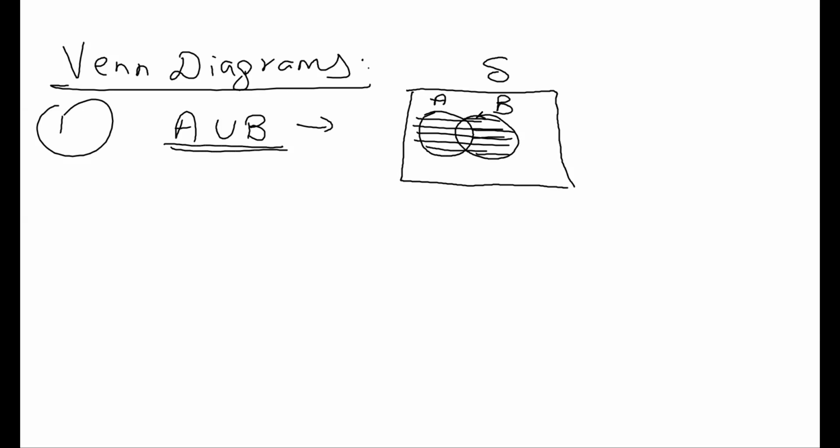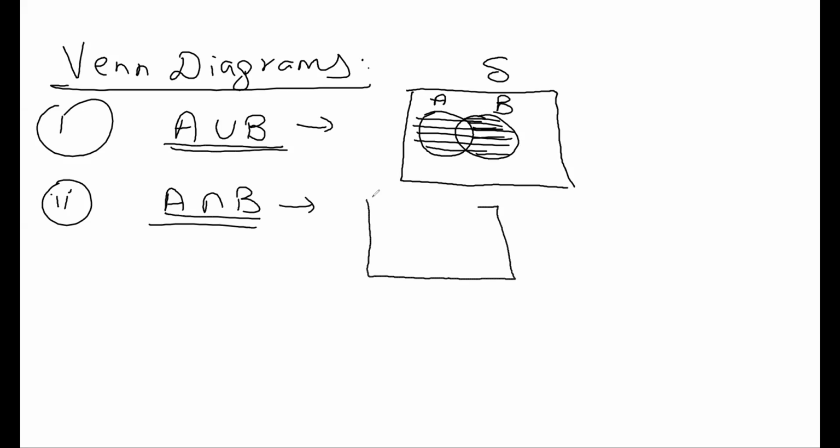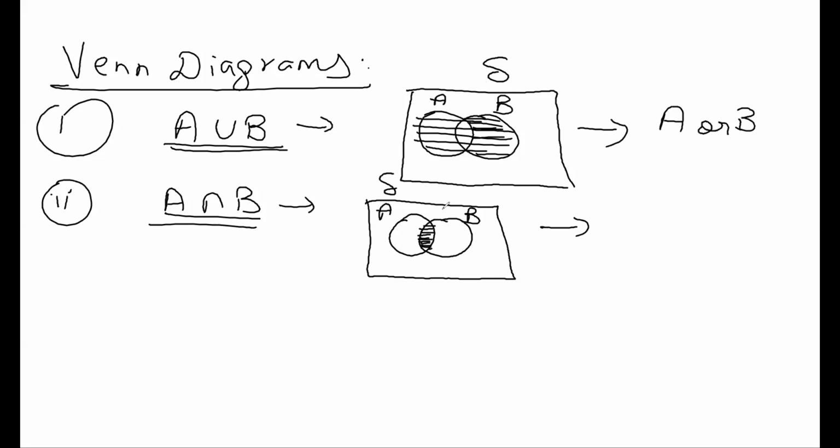That means the whole shaded area is A union B. If I have to draw the diagram for A intersection B, the set of outcomes which are in A and B both, this is A, this is B, and A intersection B would be this shaded area, because these are the set of outcomes which are in both A and B. Remember, we write A union B as A or B, and we write A intersection B as A and B. So intersection means and, union means or.